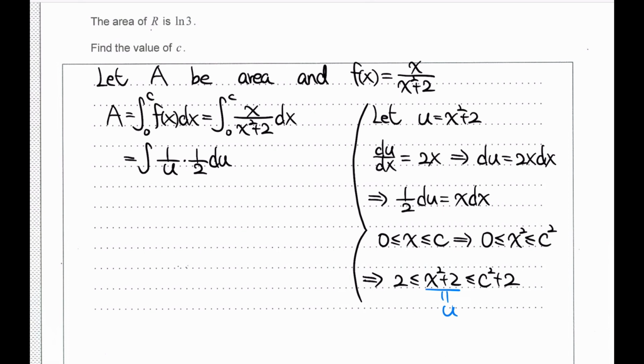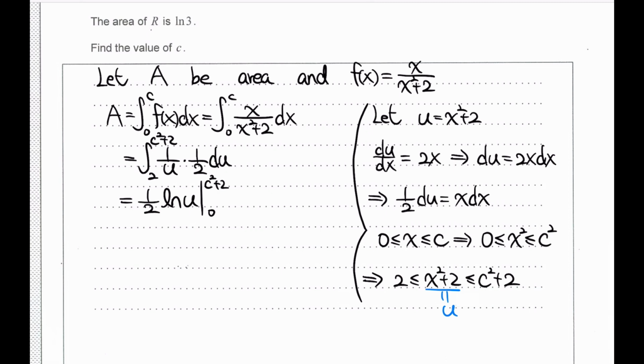So the lower limit should be 2, and the upper limit should be c squared plus 2. Okay. So this integral is easy. It is 1/2 ln u with limits c squared plus 2 and 2.